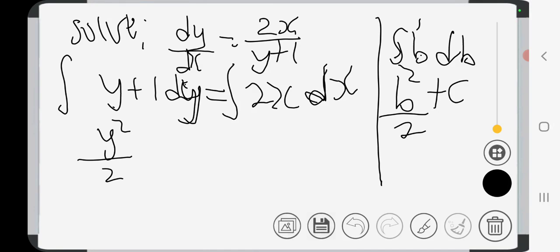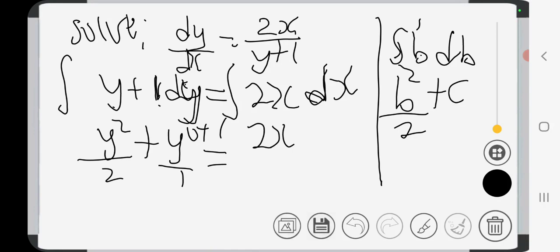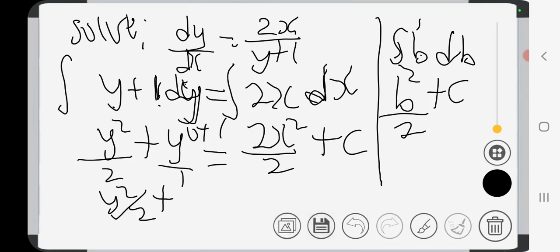That's what I did for this y. Then the 1 actually means y raised to power 0, so we add 1 and divide by 1. The integral of the other side, 2x, add 1 to the power, gives 2x squared divided by 2, then we add the integral constant. So the left hand side becomes y squared divided by 2 plus y, is equal to x squared plus c.